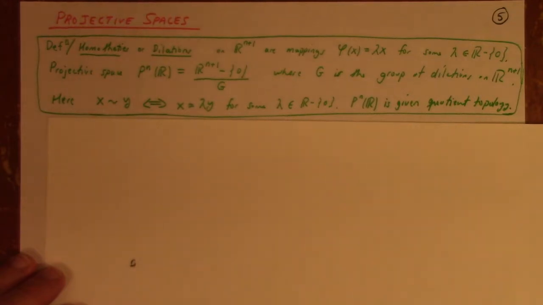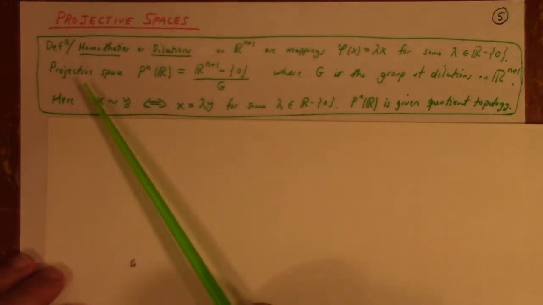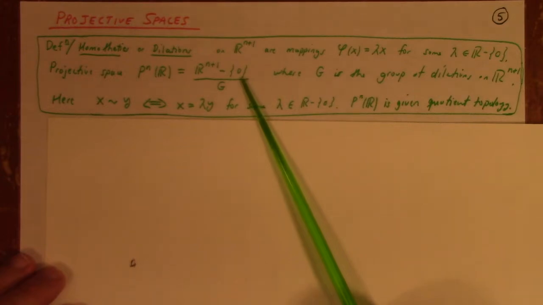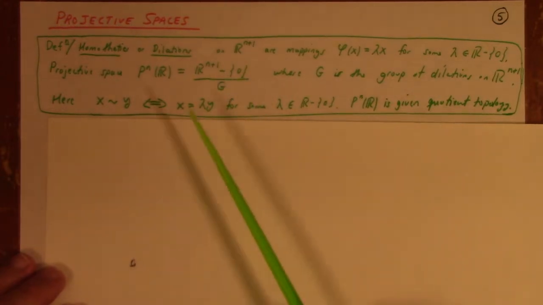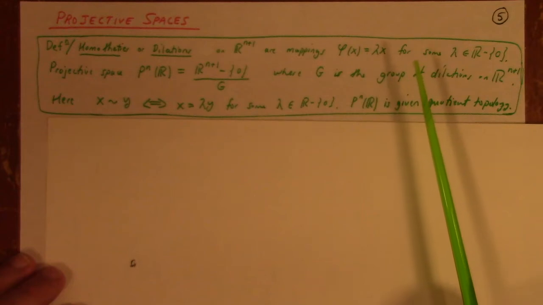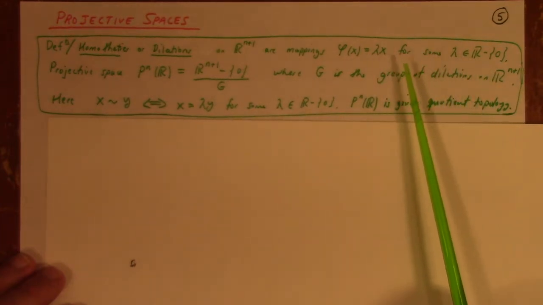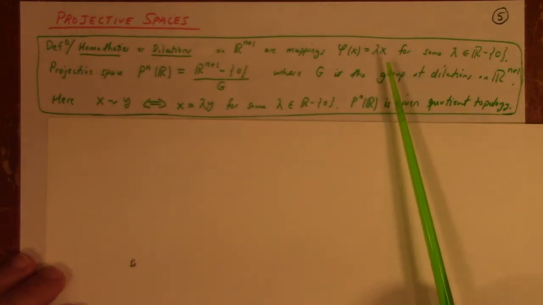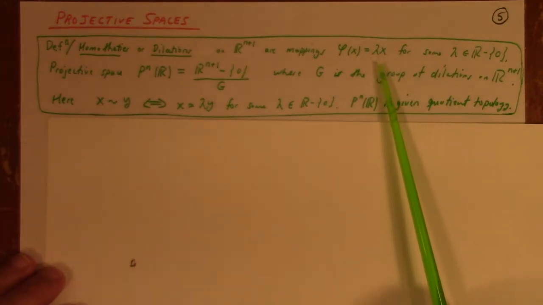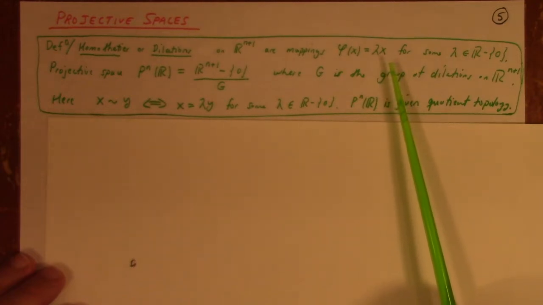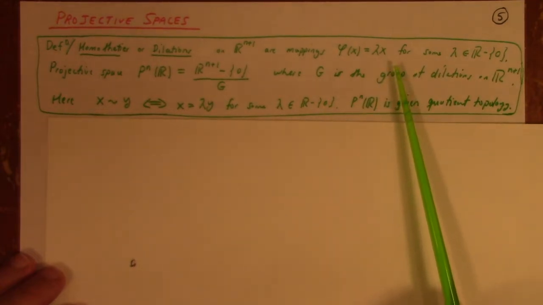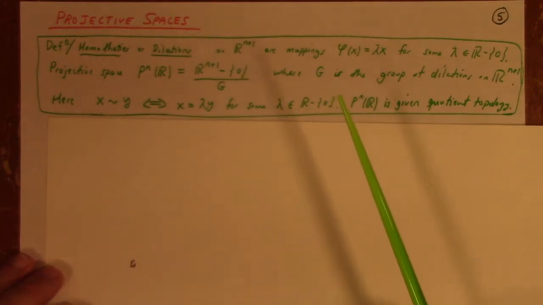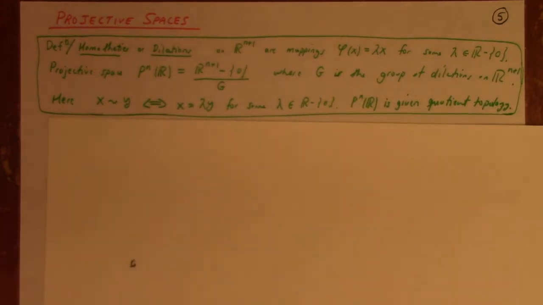So if you get rid of the origin itself, then you've got a partition by the images of these dilations. The point is that x is equivalent to y by one of these dilations, and the equivalence classes are lines through the origin. But if I don't throw out the origin, then all of the equivalence classes meet at the origin, and everything's equivalent to everything else, right?